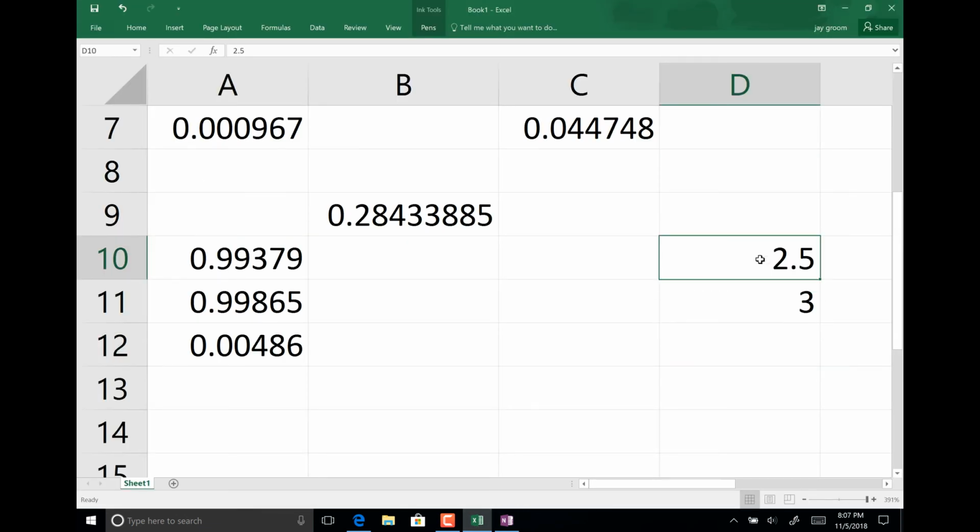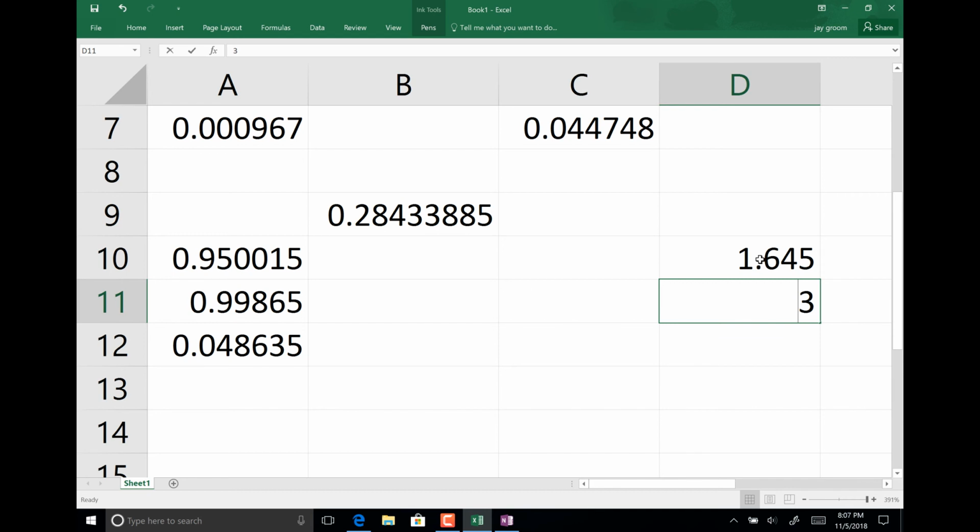So, get in there. Oh, there's one more thing I want to talk about, but just take a jiffy. 1.645 and negative 1.645. Oh, look at that! What percent? I subtracted backwards.